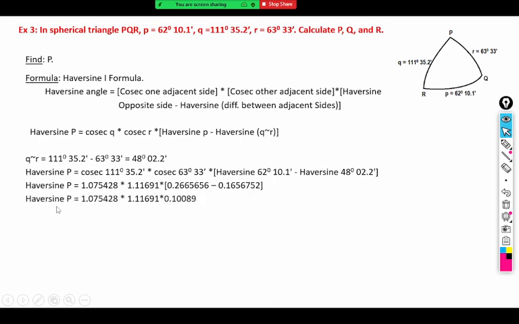Now we get here Haversine P, but we cannot take P equal to Haversine inverse directly. We have to write Haversine of capital P as 1 minus cos P upon 2. Is it? Yeah, correct. So 1 minus cos P upon 2, and then P becomes cos inverse of 1 minus 2 into that.